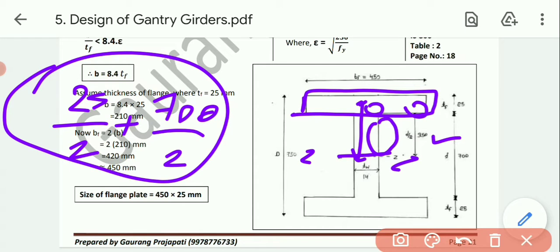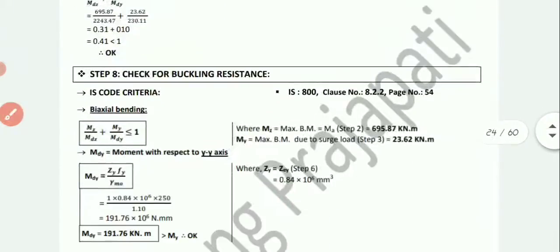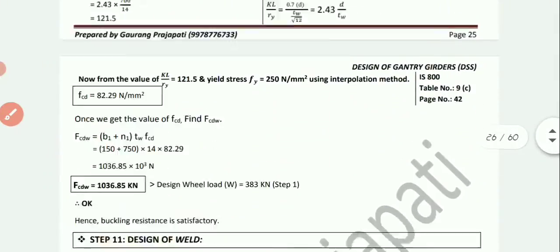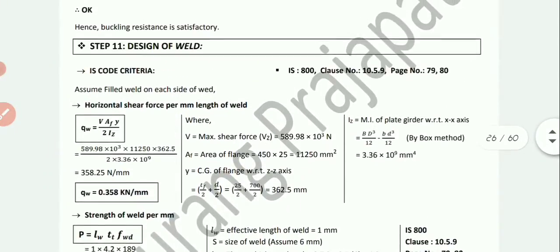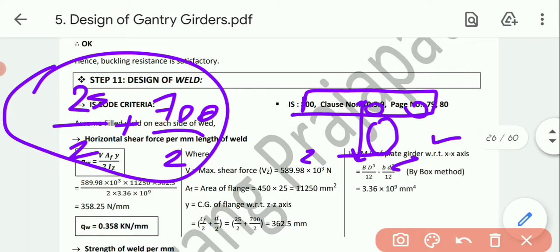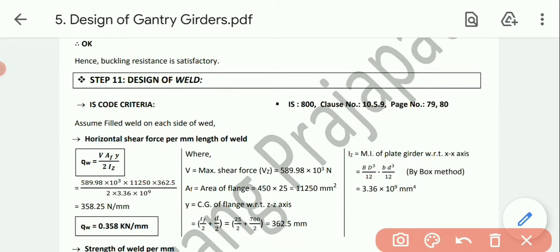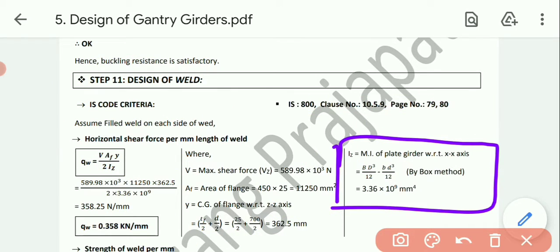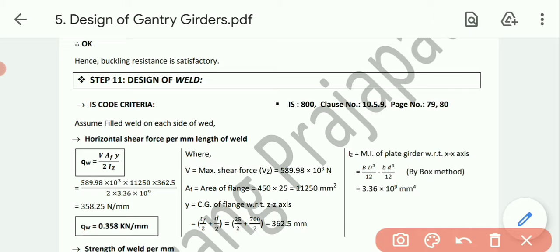As we have calculated all the values, let's put them down. 25 by 2 plus 700 by 2 is 362.5, and Izz we have already calculated in step number 6.